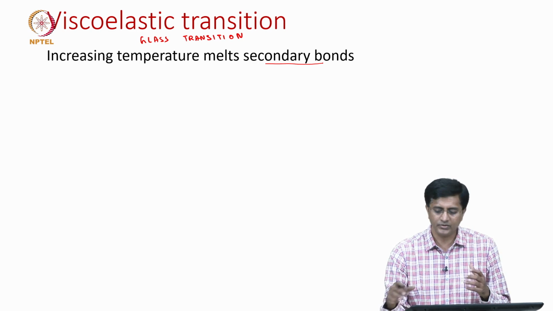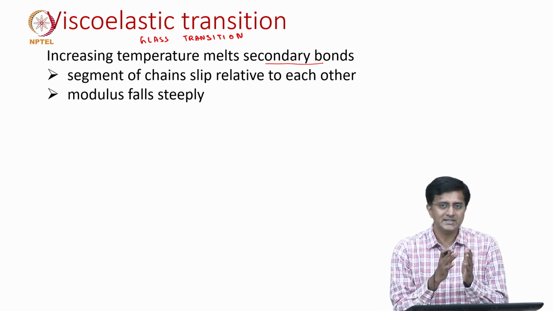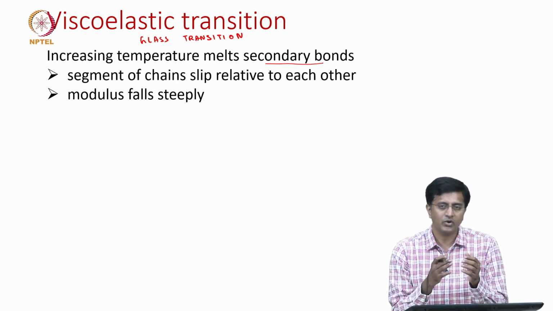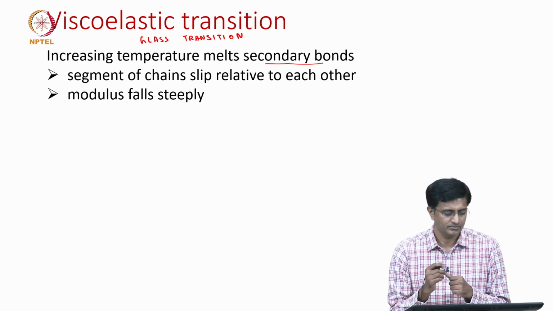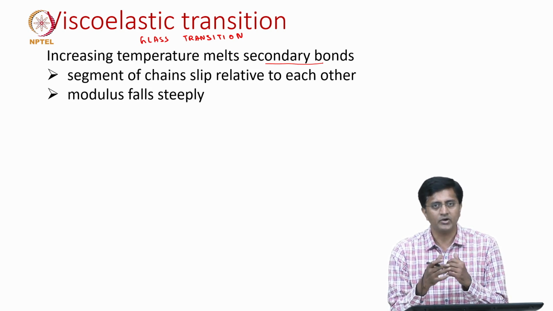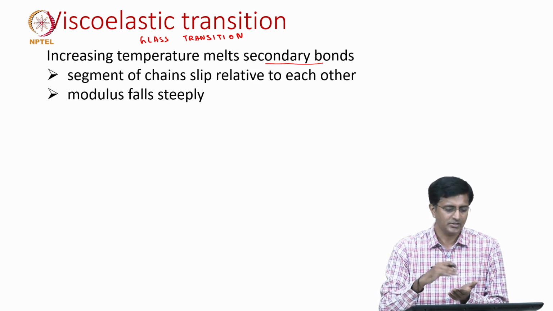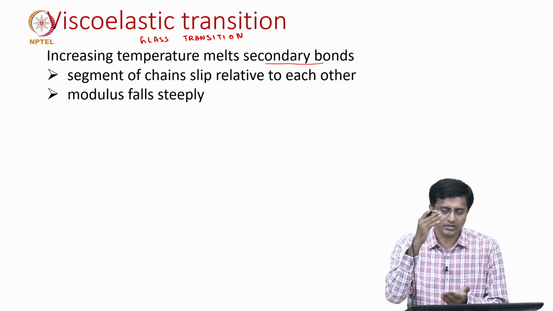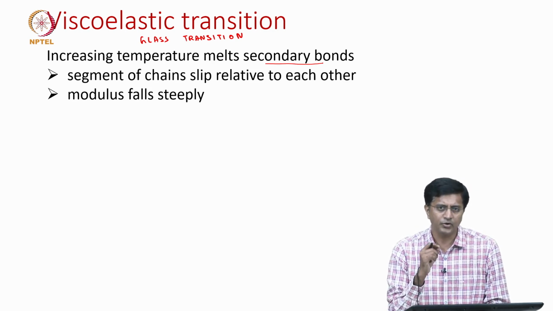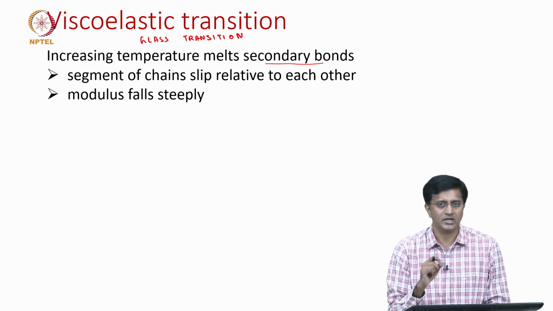And because of the breaking of the bonds, these polymer chains are now free to slip or slide against each other. Now, since these polymer chains are sliding against each other, that is when the modulus suddenly drops, or the change in the modulus is very high. Now, we will dive deep into why this modulus drops and why it is so large.